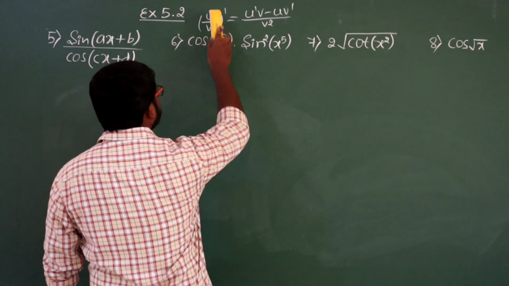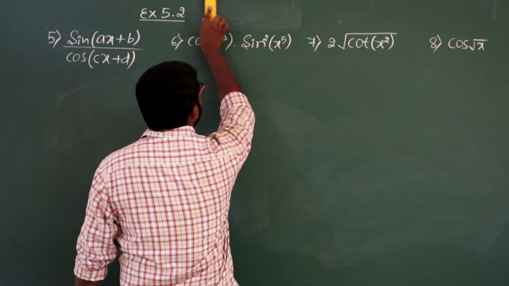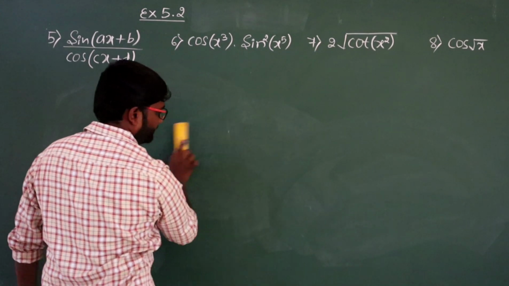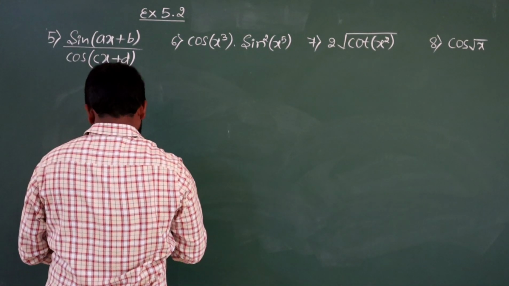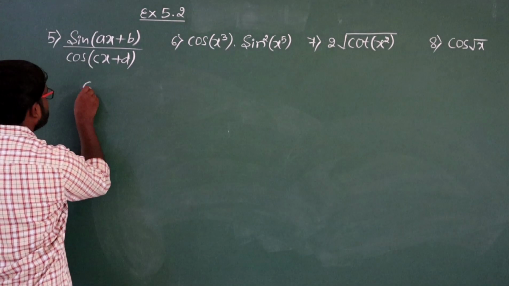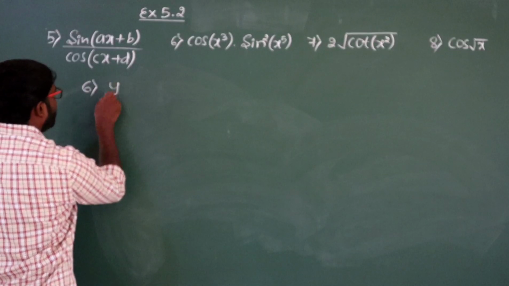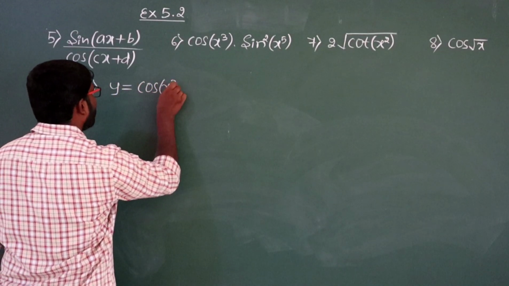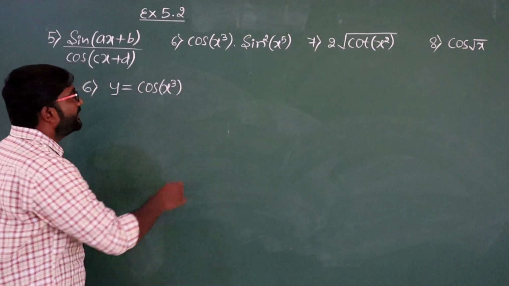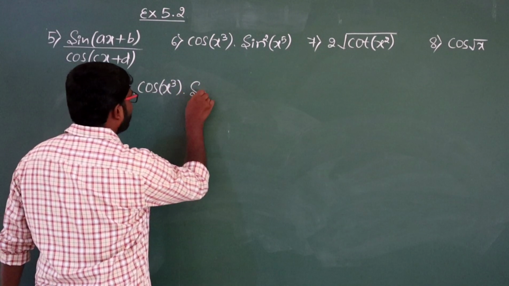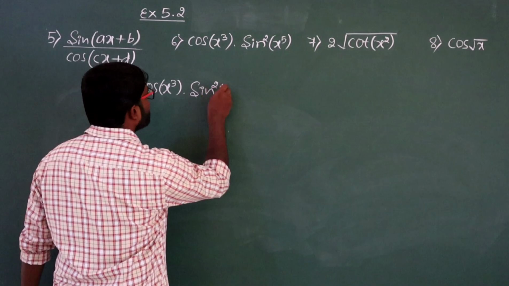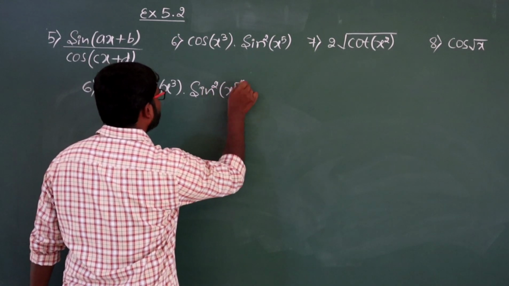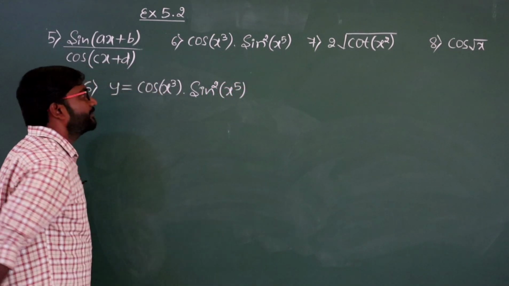Well, for question number 6, we will have to make use of the product rule or the Leibniz rule. So question number 6, I will take it as y, which is equal to cos of x cube into sin square of x to the power 5.